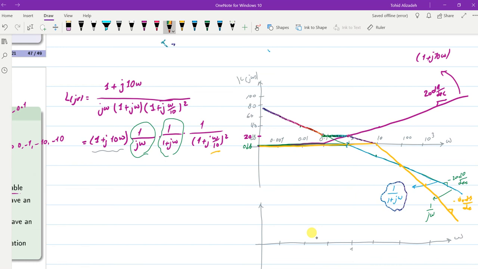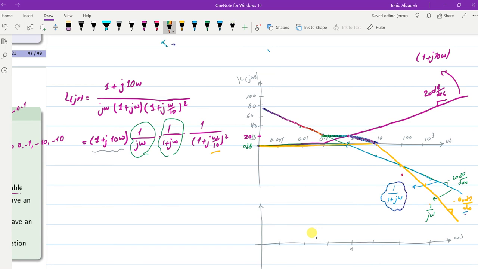So around omega equal to 10, approximately, we will have 0 dB. And after that, we will have minus 40 dB per decade added to our slope. So in total, we will have minus 60 decibel per decade. At omega equal to 100, we will have minus 60.